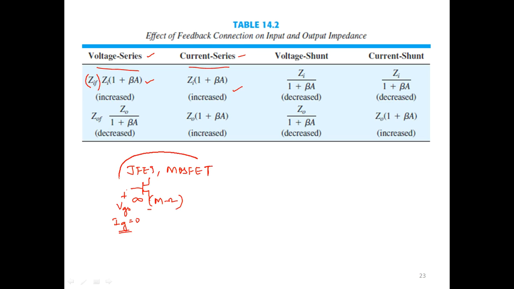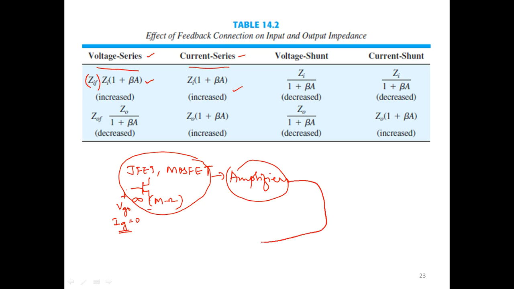Now using such devices and constructing amplifiers with them, and taking a feedback and providing it back to the amplifier, and taking more than one stage, we are trying to increase the input impedance. When this happens, it is quite natural that the gain of this particular circuit will reduce a little bit.